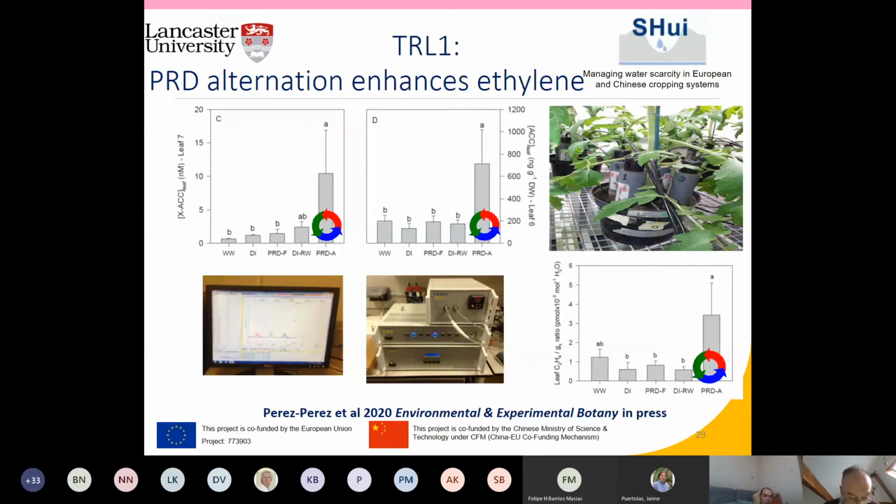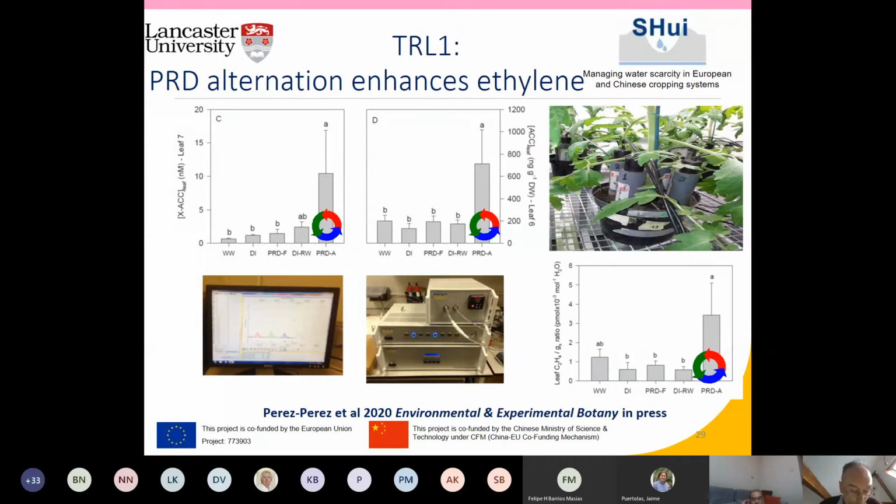Now, ethylene is probably most well known to you as a plant hormone that's important in fruit ripening in certain crops, and I'm aware from the literature that some have reported increased fruit ethylene production by plants exposed to partial root zone drying.